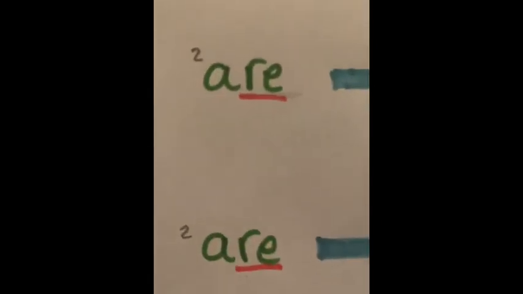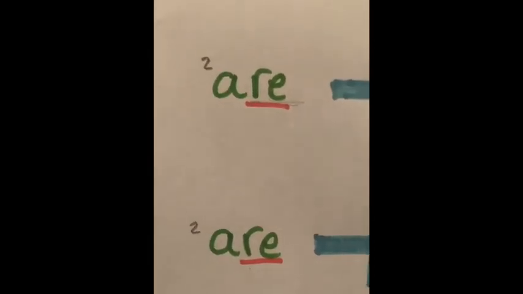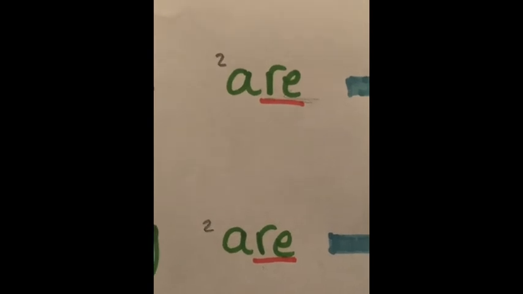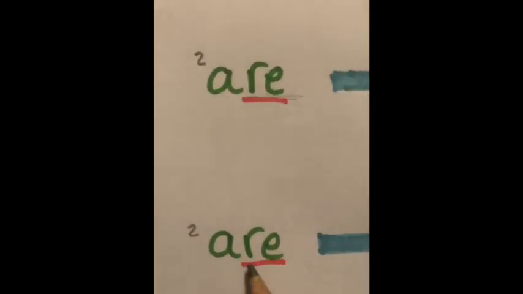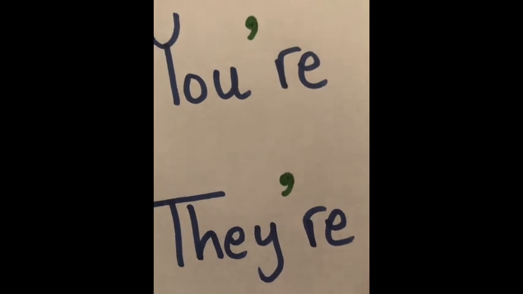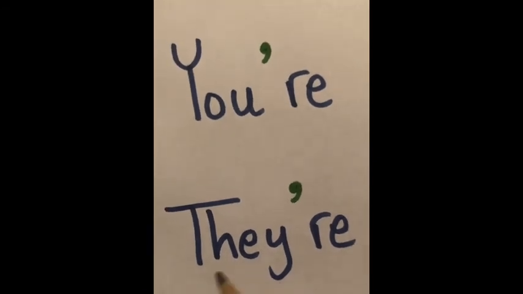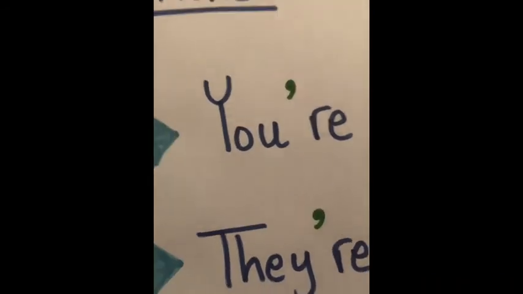Now, after the apostrophe, we see what is the second word? Are. When there's an R, we don't take the last one letter only. We take the last two letters, R and E. So we put they, apostrophe, R and E. They're, okay? And here, you're, okay?